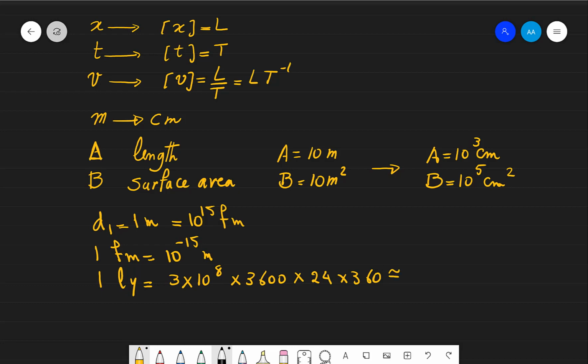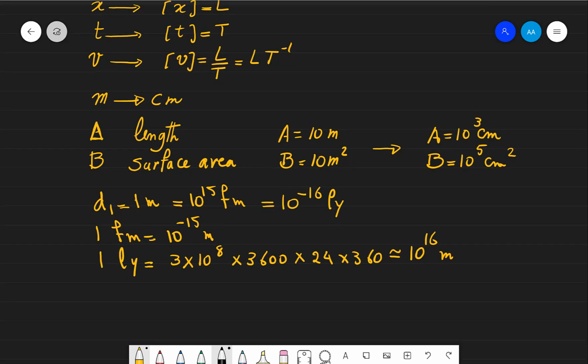The result is approximately 10 to the power 16 meters. So d1 is equal to 10 to the power minus 16 light year.